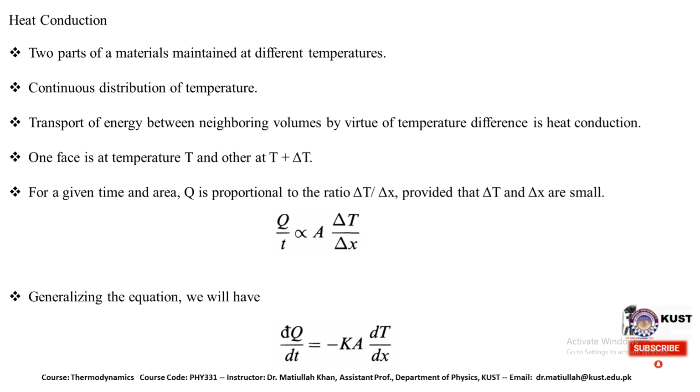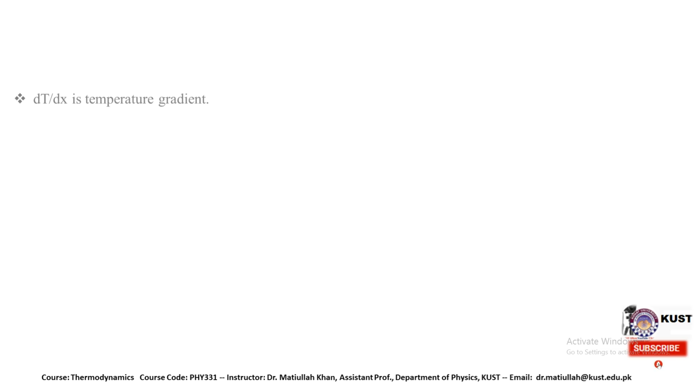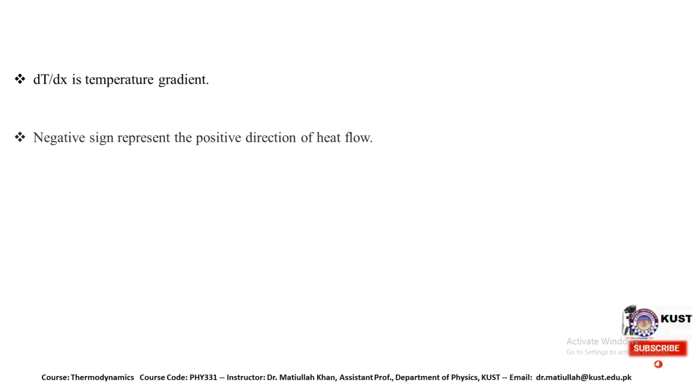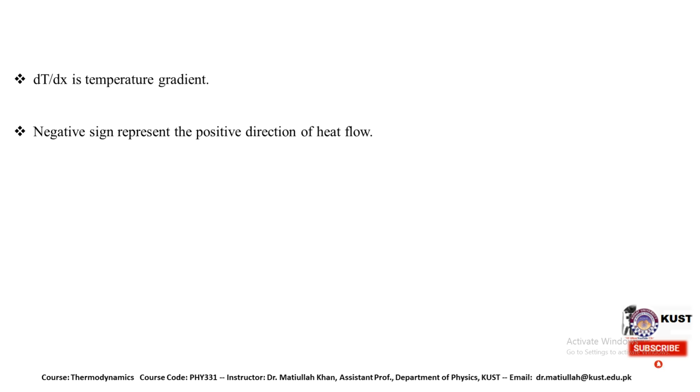There is another important phenomenon: the negative sign also shows there will be a gradual decrease in the heat flow. If you consider that the object at high temperature is not connected to a heat reservoir, there will be a gradual decrease in heat flow, because as the heat moves from the object at high temperature toward the object at lower temperature, the difference will gradually decrease.